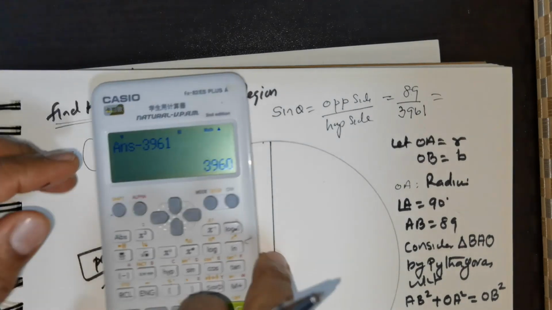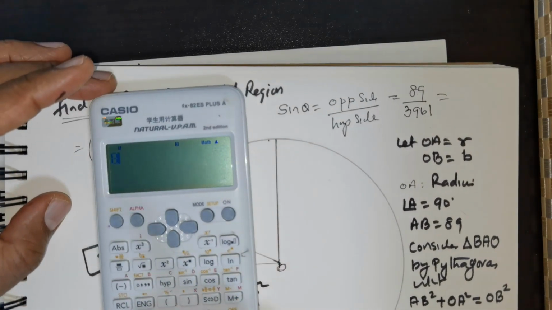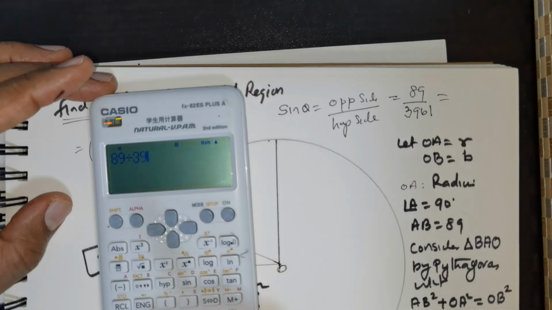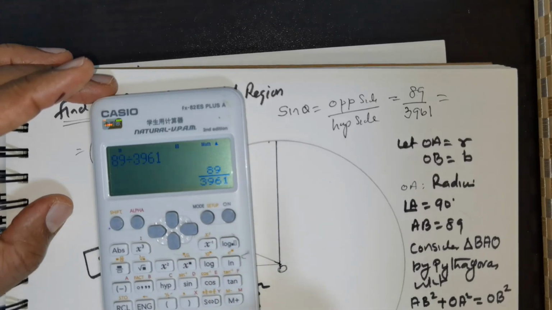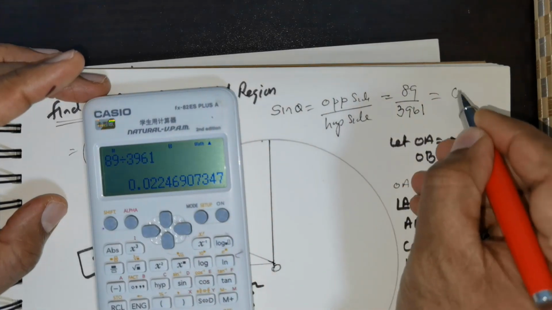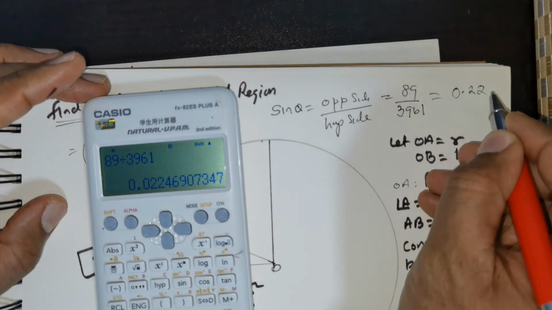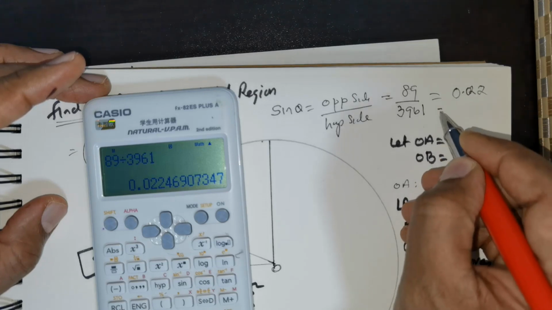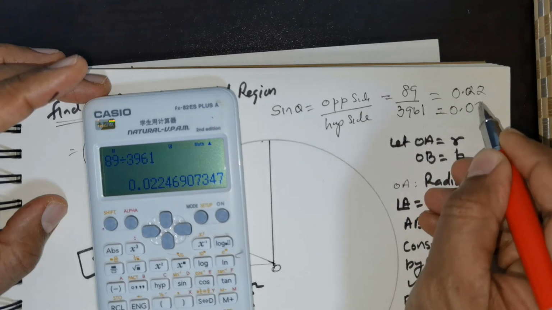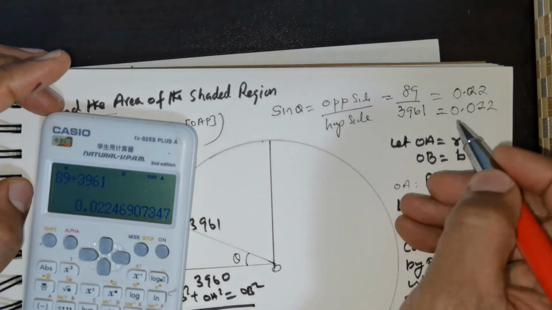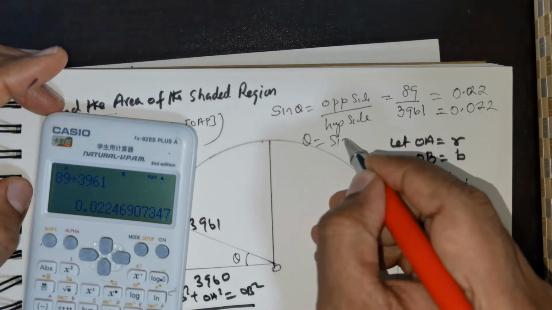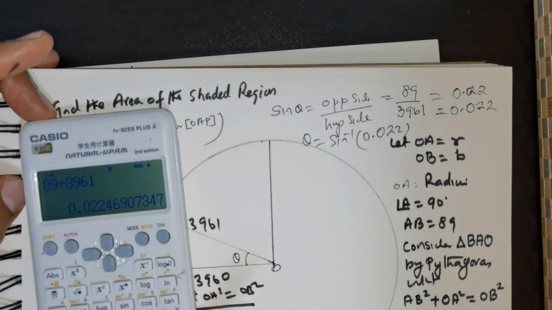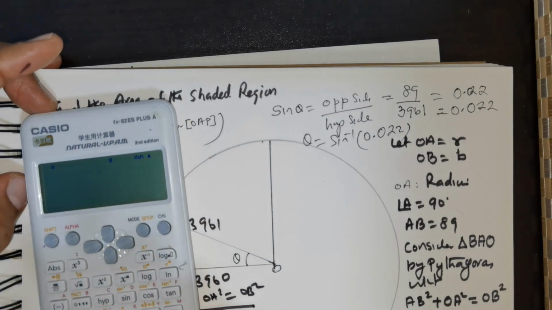So 89 divided by 3961. That is equal to, it's actually 0.022, right? So this is sine theta, but I need theta. So theta is equal to sine inverse of 0.022. So this will give us the value of theta.